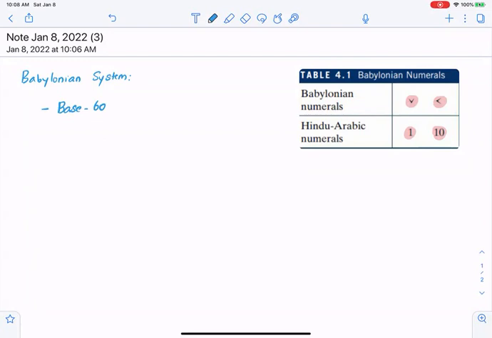Now, one may say, well, where did this 60 come from? If I have to guess, I'm not sure. As I said, I'm not a historian. 360 degrees, divide by 6, you get 60. So could be that.